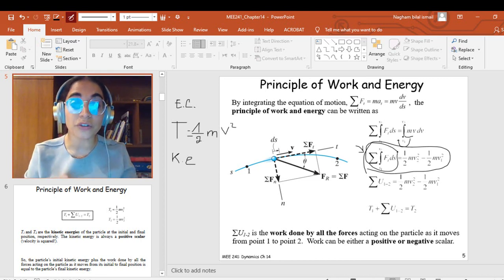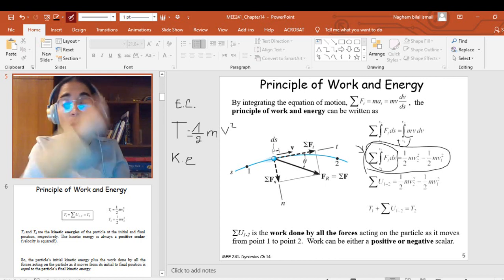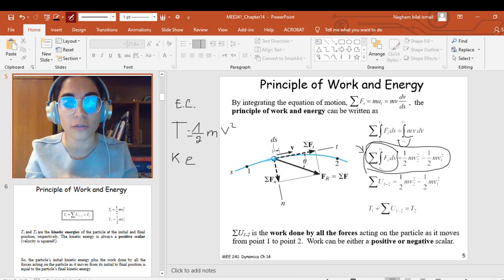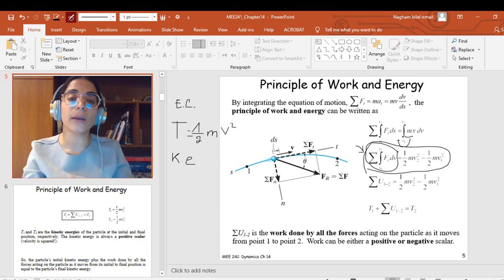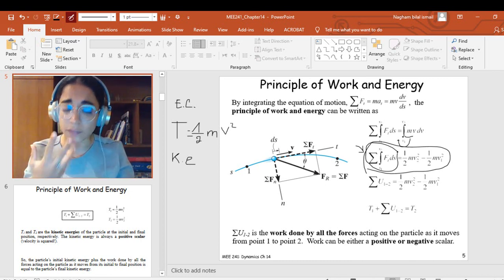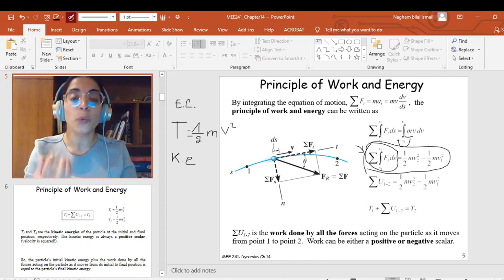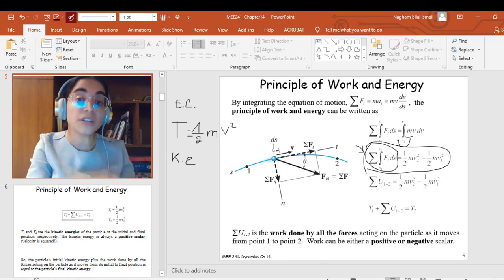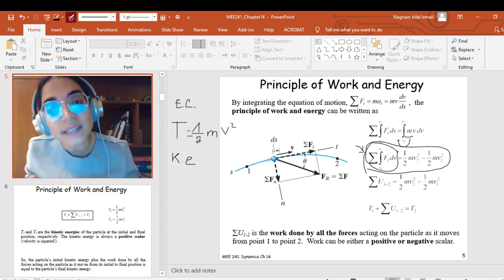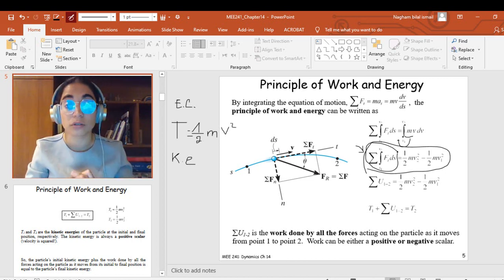So the work, or the sum of work of all the forces exerted on this particle, is equal to T2 minus T1. Physically, the work of a force is the energy transferred to this particle by doing a displacement caused by this force.